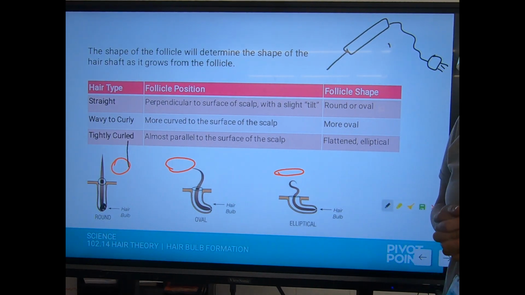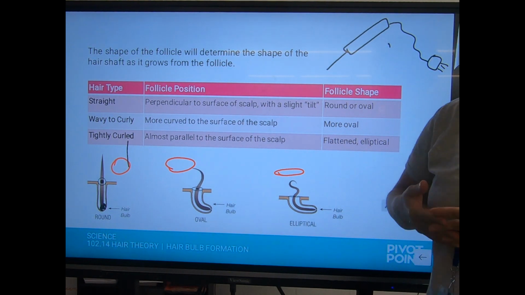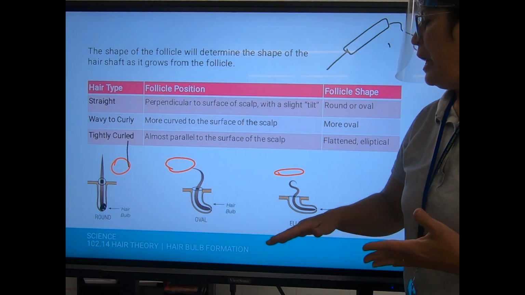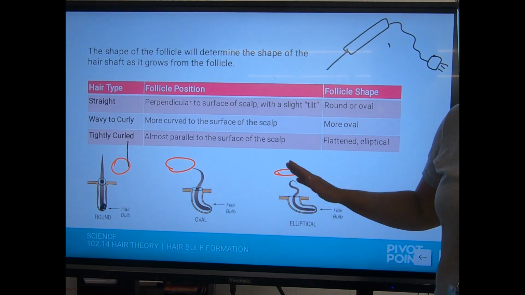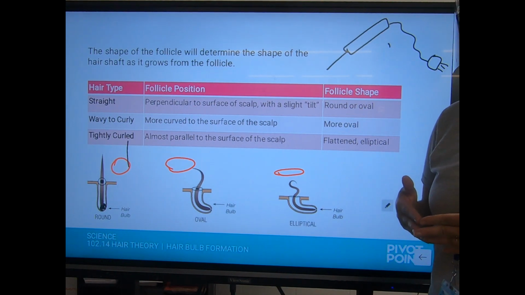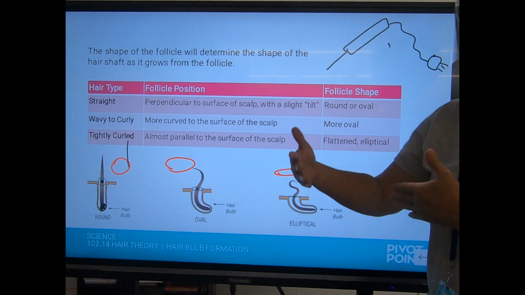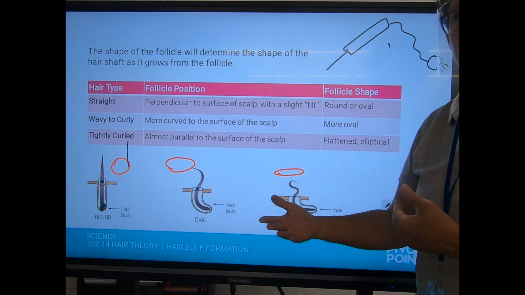What happens is, I'm assuming here, is that the chemicals, the drugs that they're using are strong, we know that, and they're so strong they're actually affecting the shape of the follicle. And then what happens over time, when that happens to someone, is that gradually their hair will go back to what it was before.